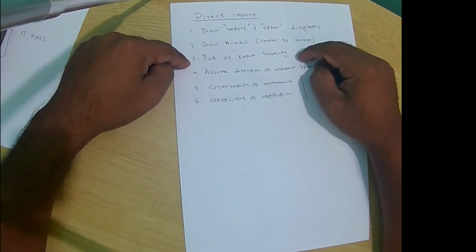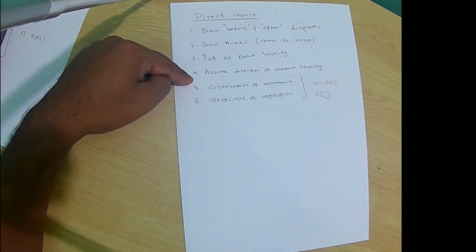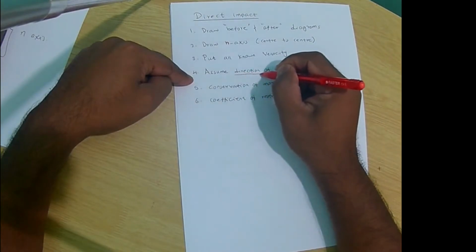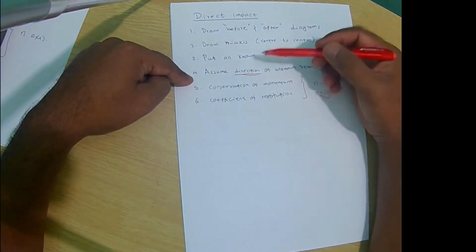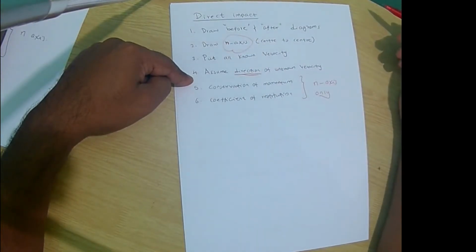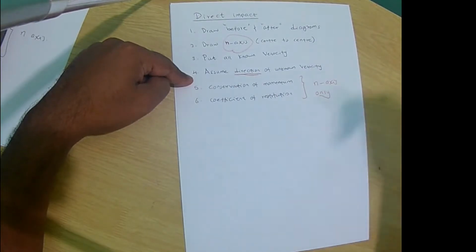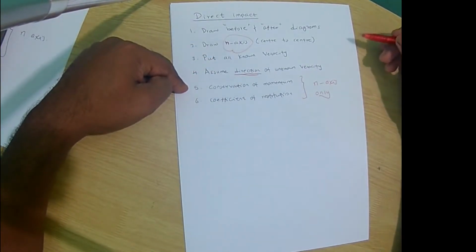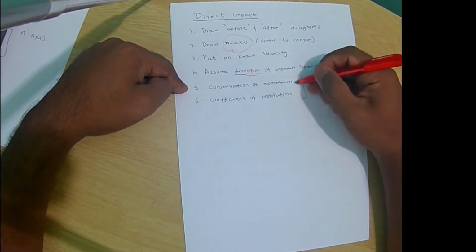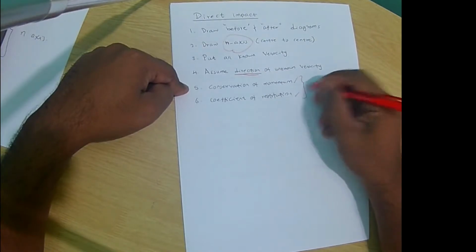You put in all the known velocities, and you have to assume the direction of the unknown velocities. The magnitude maybe you don't know, but you have to assume one direction, because we only have one axis, the n-axis, so either positive n-axis or negative n-axis. Then you can solve using the two equations, conservation of momentum and coefficient of restitution.